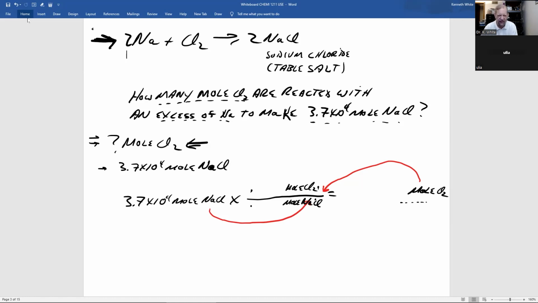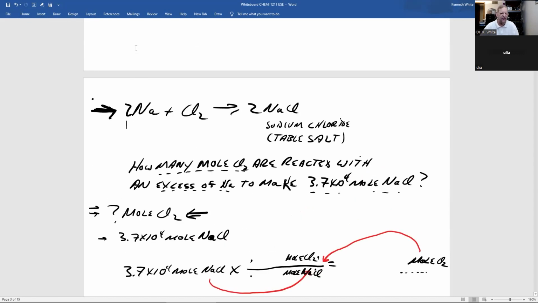The coefficients, the numbers in front of the chemical formula, give us molar ratios. And when there's no number, it's the number one. This tells me 1 mole of chlorine gas makes 2 moles of sodium chloride.